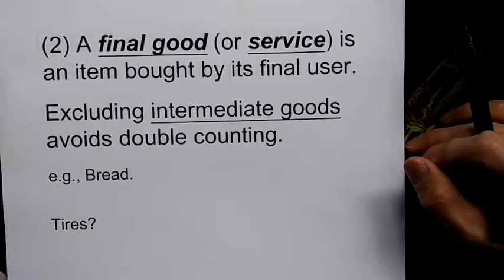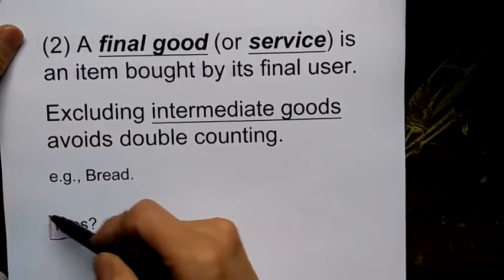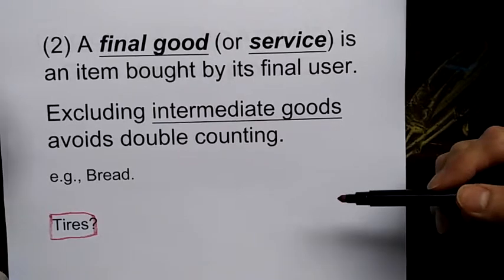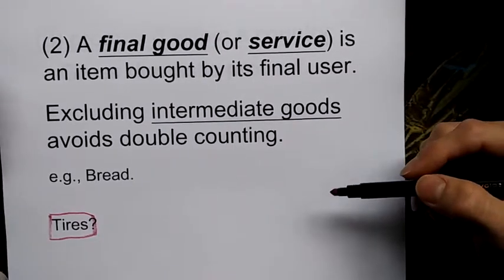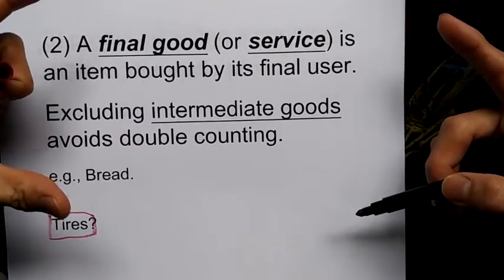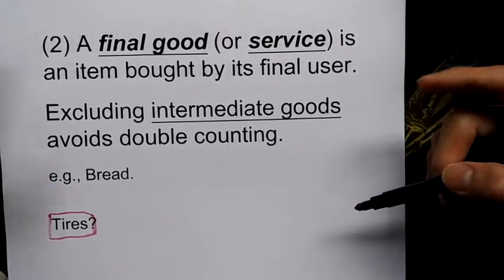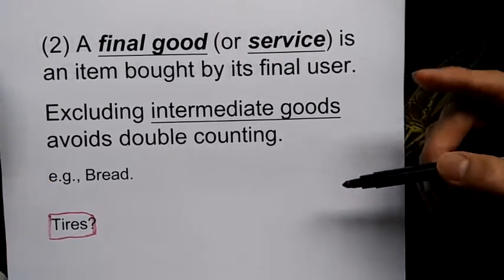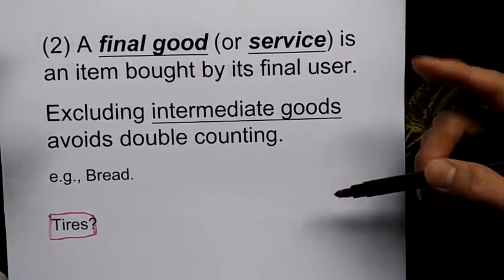Okay, let me give you another example. Michelin, the big, white, fat guy, the Michelin boy. Michelin produces tires.